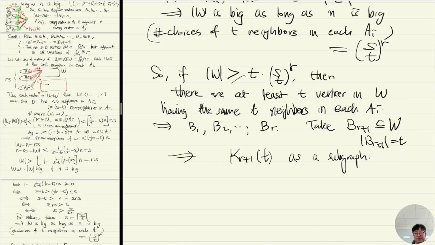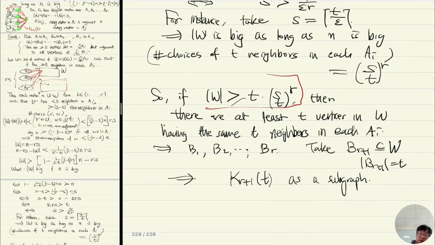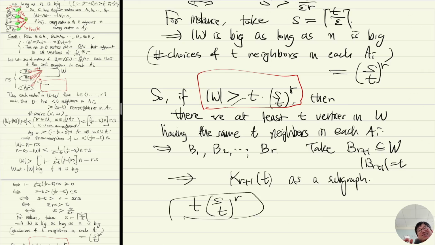Okay, so how do we know that this is true? Well, as long as n is big. S choose T to the R is the number, and everything is fixed, right? S is fixed, given as a function of epsilon and T, so this is constant.